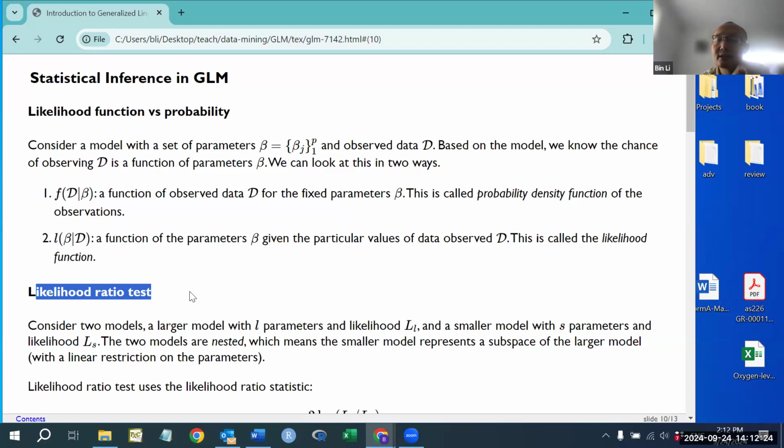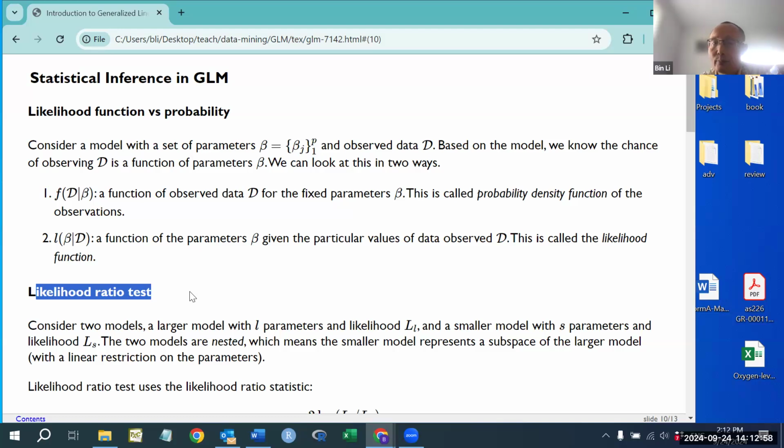Okay, so let's consider a model, let's say a logistic regression model or a probit model. So we have a model there, and we have a set of parameters. Like for the previous example, let's say we just focus on the logistic regression. And we have the intercept and slope values. Okay, and also we have an observed data set.